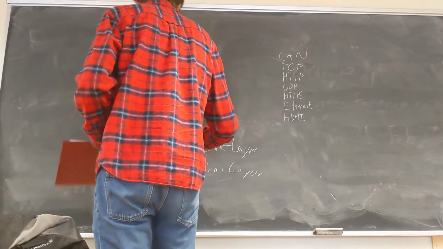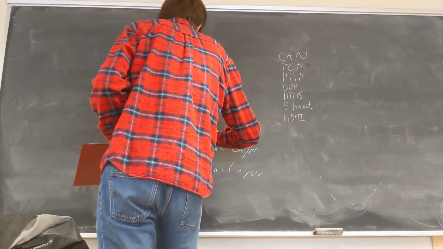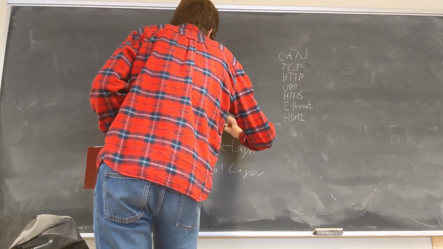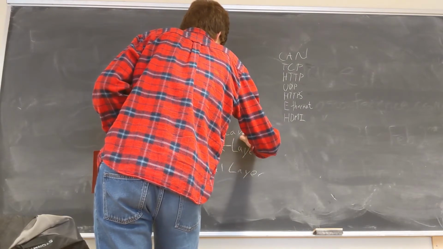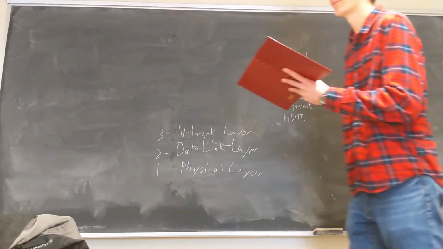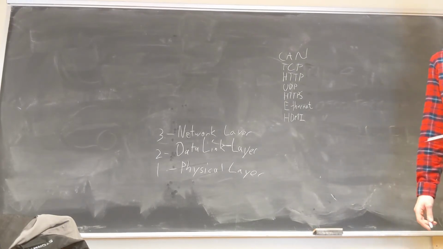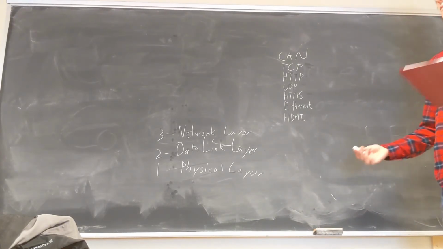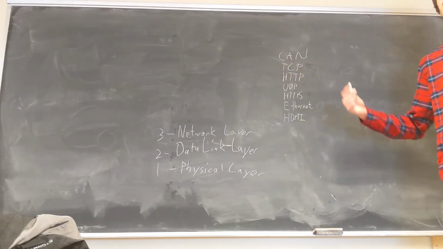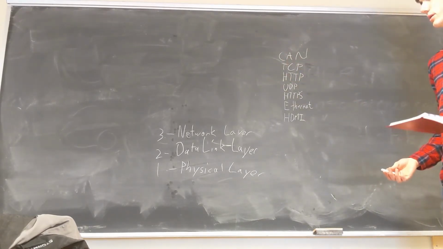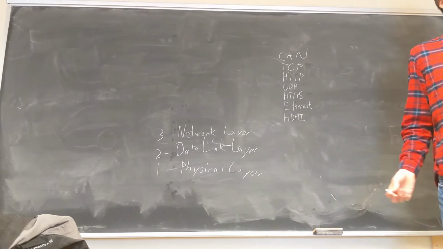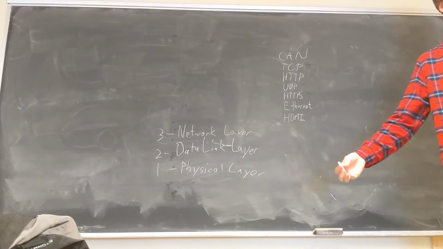Layer 3 is the network layer. Okay, so the network layer is where we actually get into interesting, useful applications. That would be how you get data from one node to another that are not necessarily directly connected to each other.